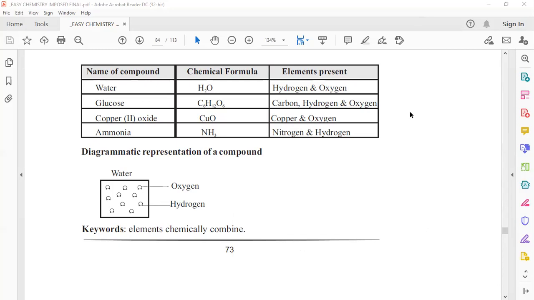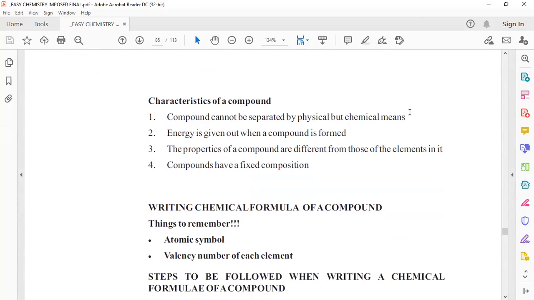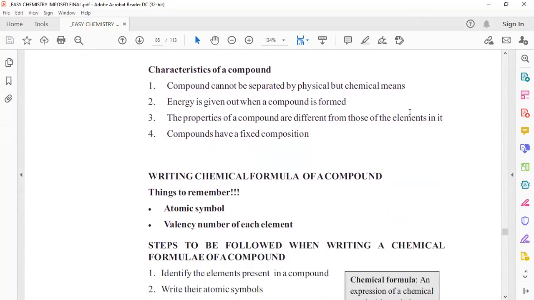Now that we understand what a compound is, it is very important to also know its characteristics. What are the characteristics of a compound? A compound cannot be separated by physical means. Remember, this is a chemical combination.